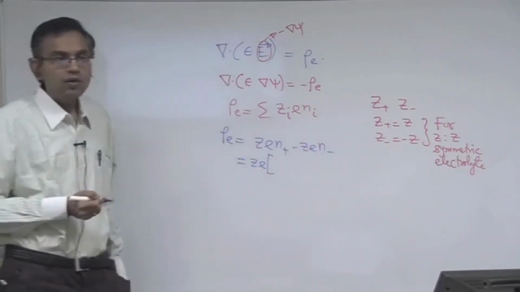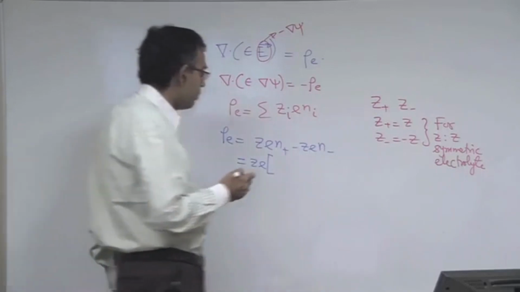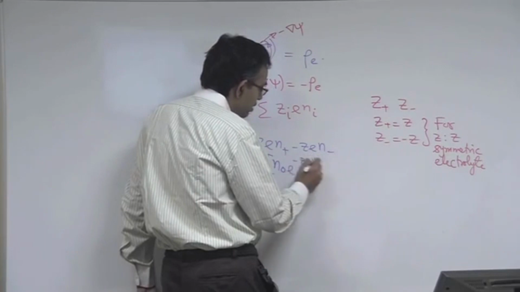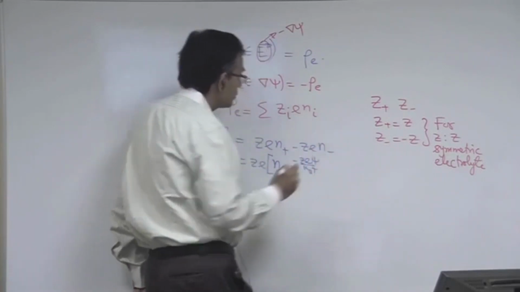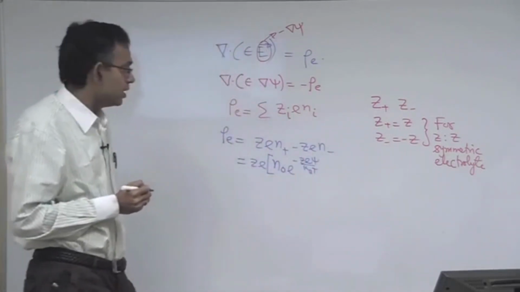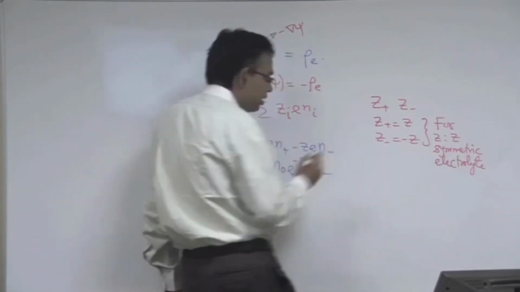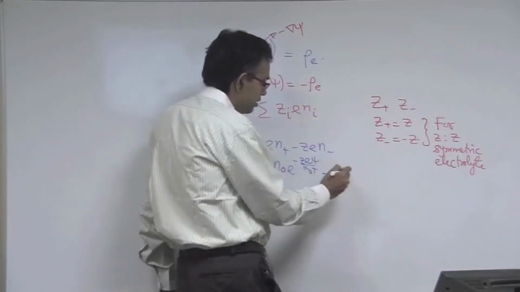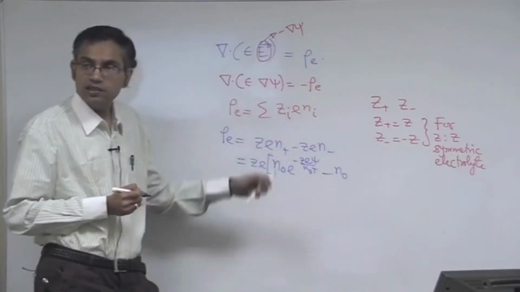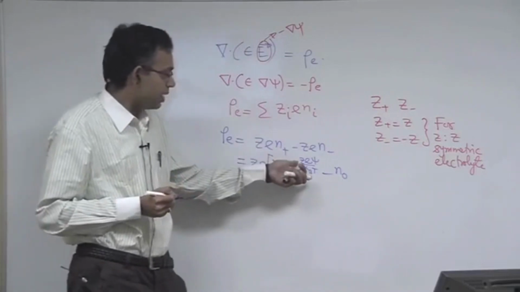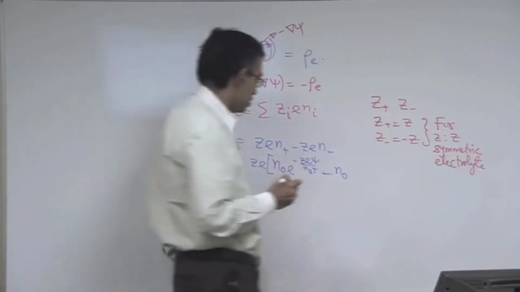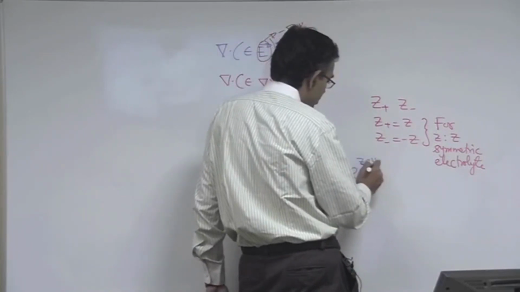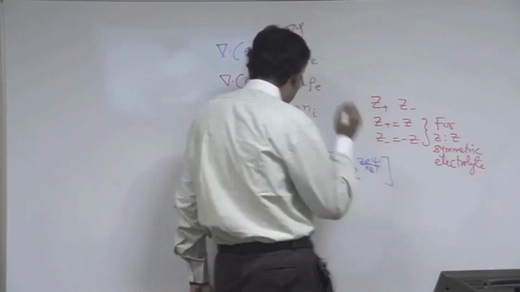What is the Boltzmann distribution? n plus is equal to n0 e to the power minus Z E psi by kBT. What is n minus? If this is n plus, what is n minus? Yes, that is a common sense answer, just this minus Z will be replaced by plus Z. So n0 e to the power Z E psi by kBT.